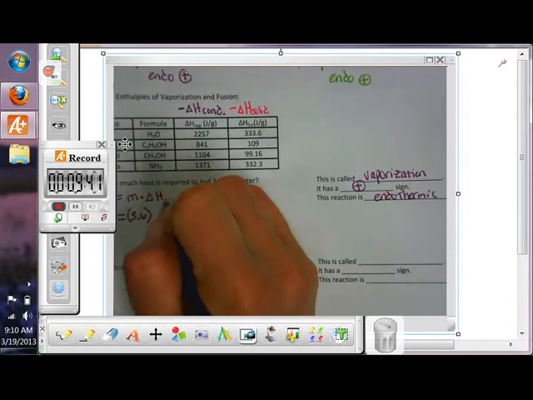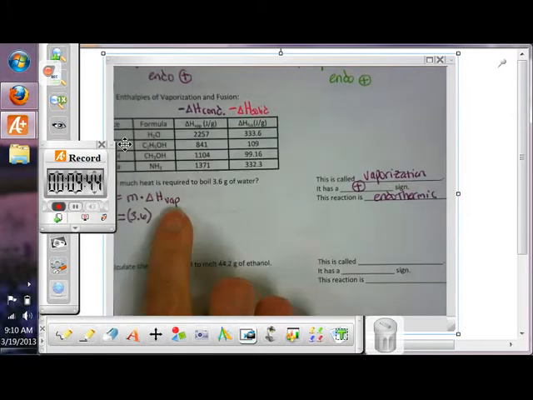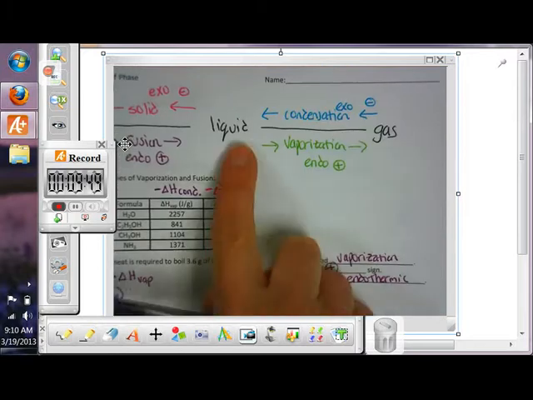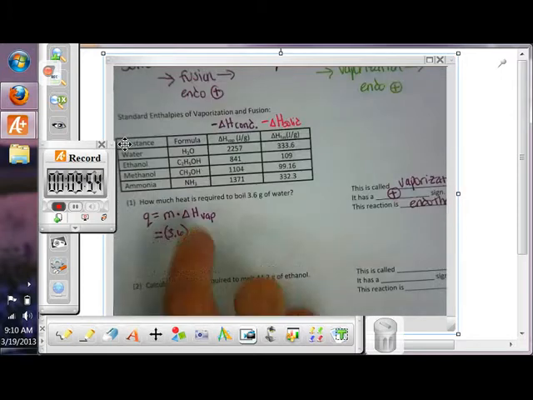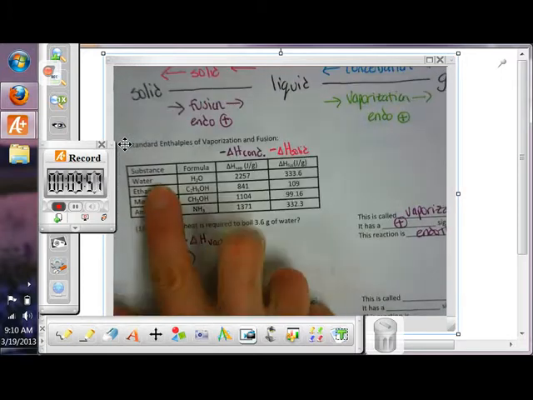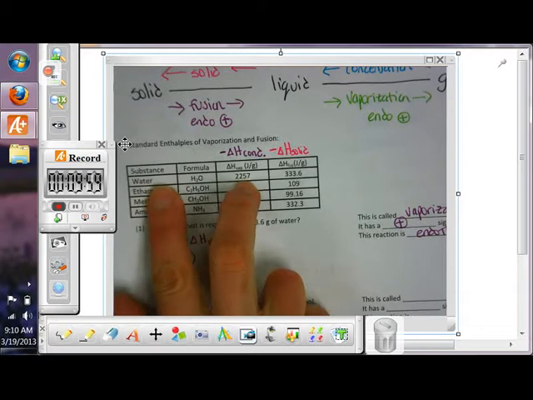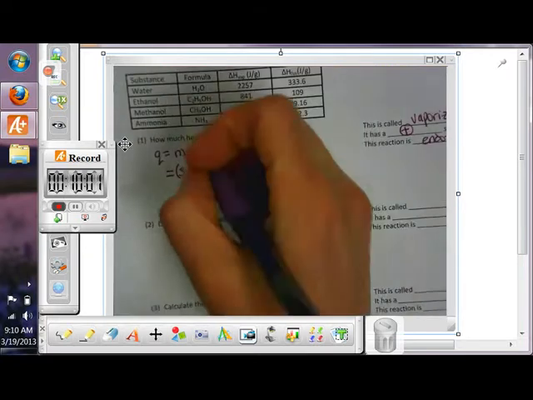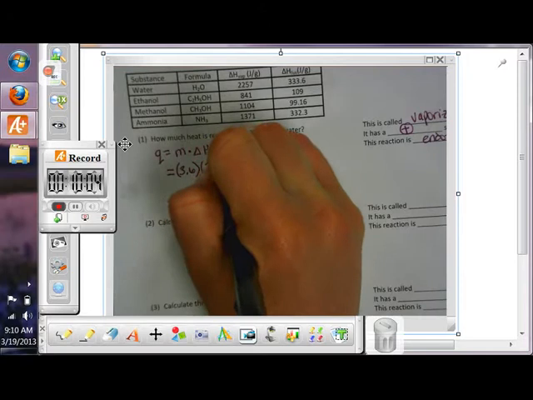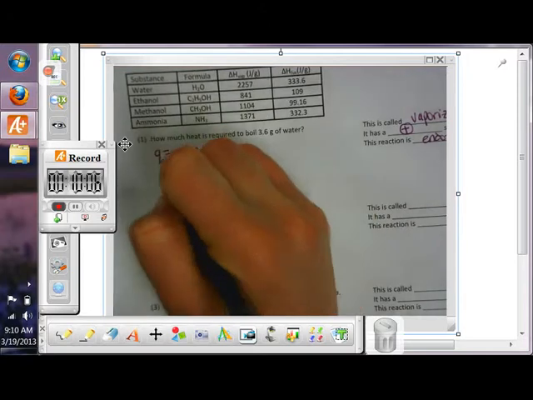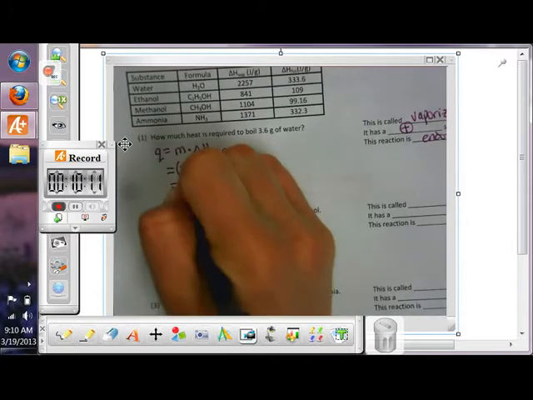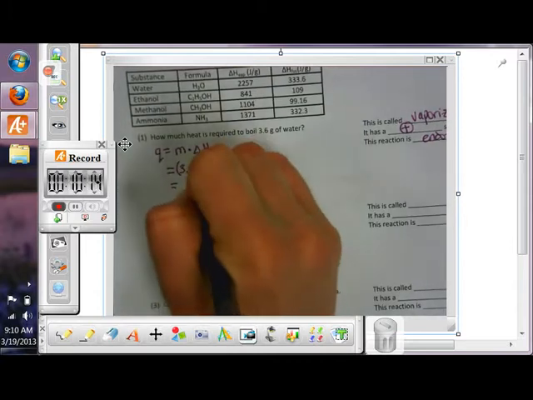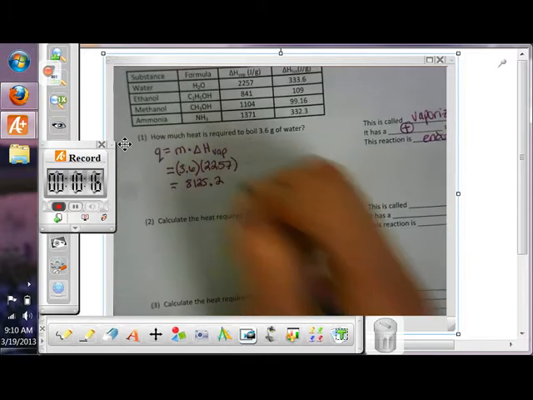So technically this is delta H of vaporization, VAP, because it is boiling water, and boiling water is going from a liquid to a gas, which is called vaporization. So it's water, so I look up water, and I'm going to use the delta H of vaporization value, which is 2257. So I multiply those two together, and my calculator spits out 8125.2.